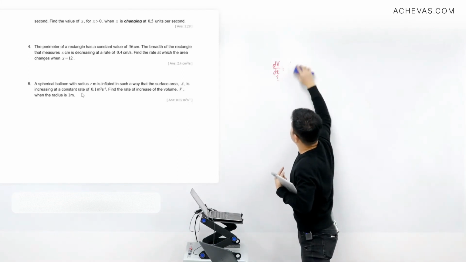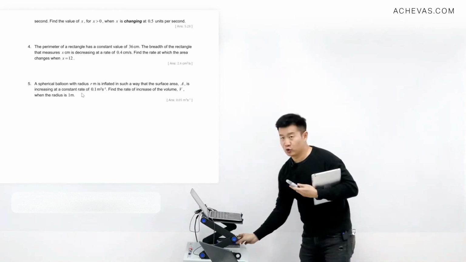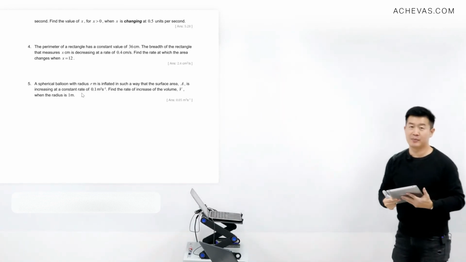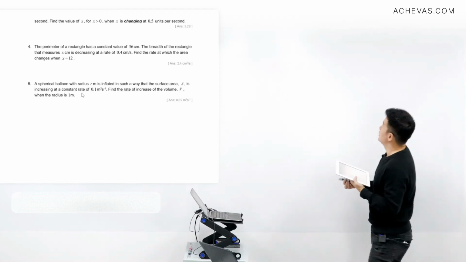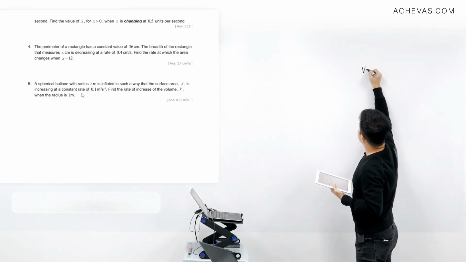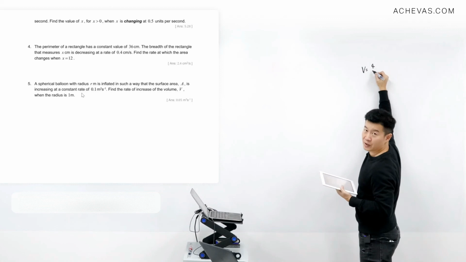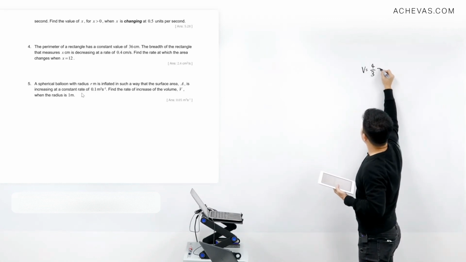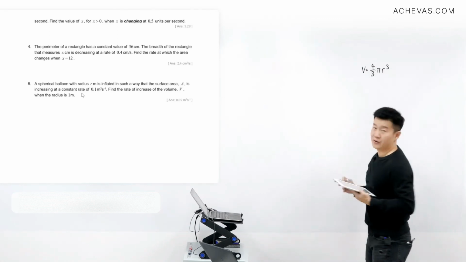We are still going to be finding dV/dt. So to find dV/dt, let's use a more familiar equation first, which is volume in terms of the radius. Volume is going to be 4/3 πr³.